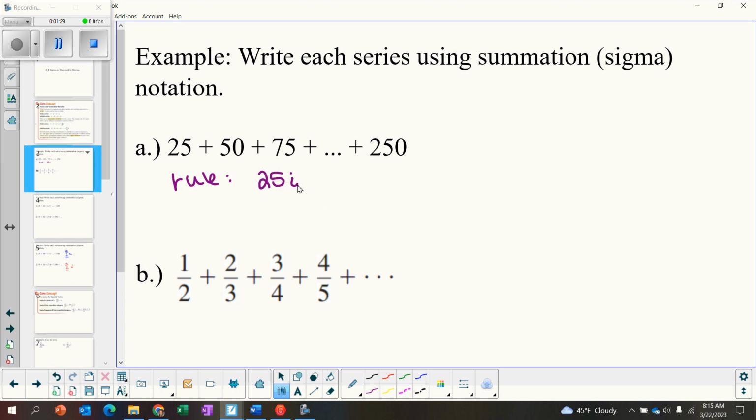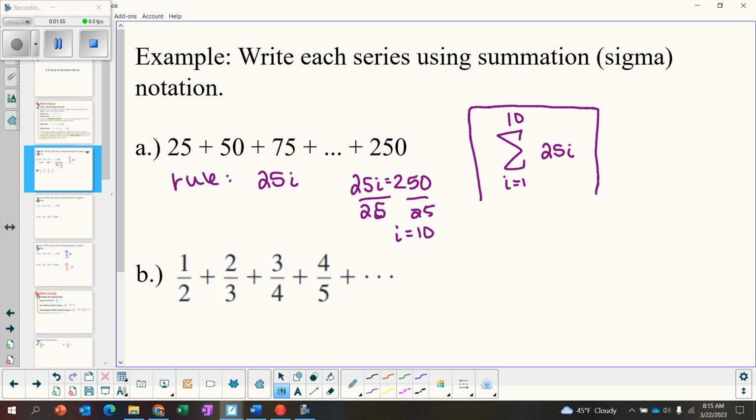When I write my notation, I'm going to start with i as 1, and I'm going to have my rule as 25i, which means my last term, if 25i equals 250, divide by 25, I would find that i is 10. So there are 10 terms in this sequence, and that's my answer.